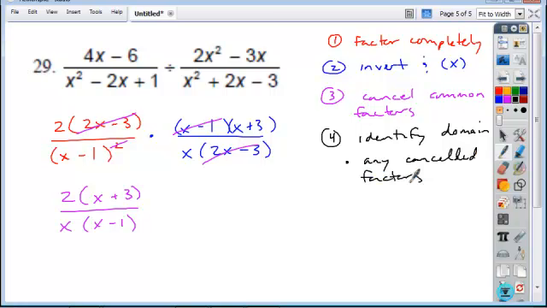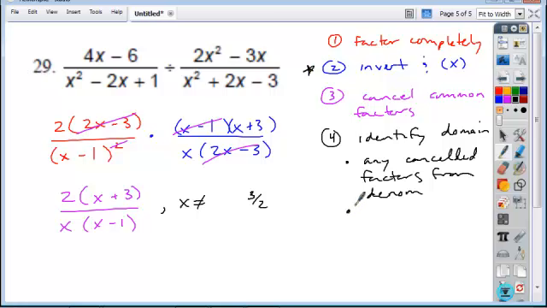If we have any factors that got canceled from the denominator, which we see right here, the 2x minus 3, we have to restrict that value, so x can't be 3/2.